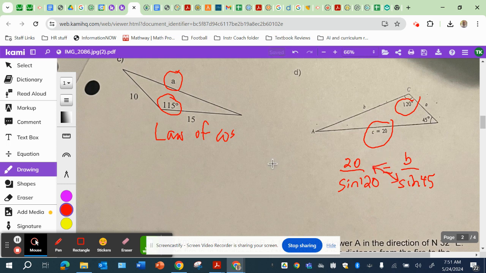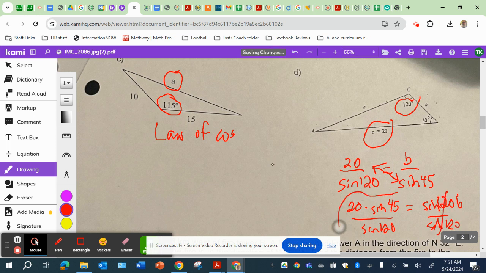So you would take 20 times the sine of 45 and then divide that by the sine of 120. Sorry for the sloppy writing, it's my pen. Just make sure you hit equal before you divide by sine of 120, and that will get you that number.